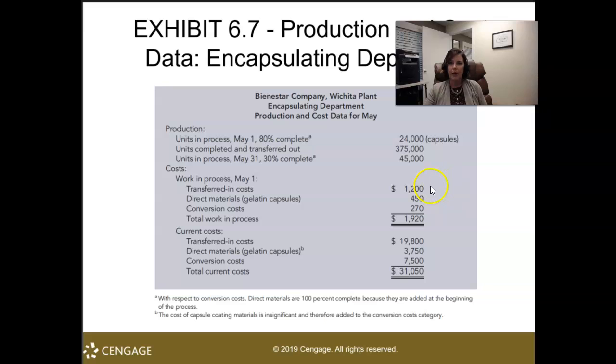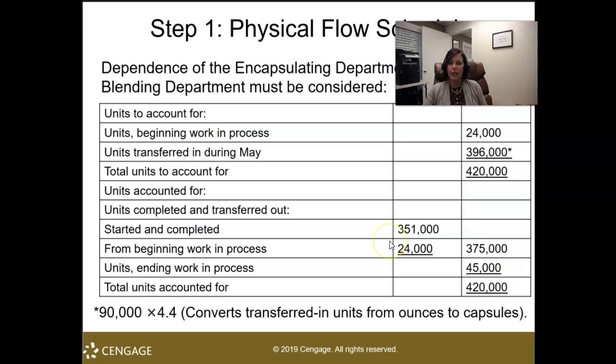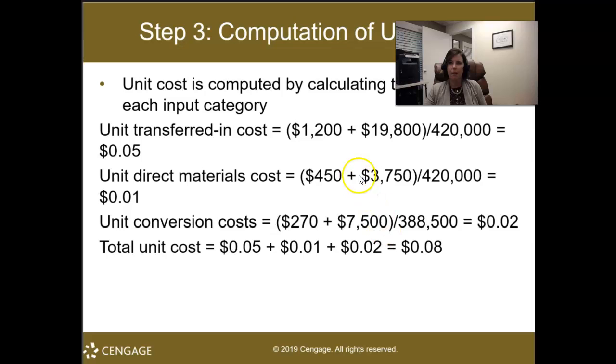You'll see here, we've got transferred in costs for both current and work in process on May 1st. So 1,200 and 19,800 gets us to 5 cents a unit.